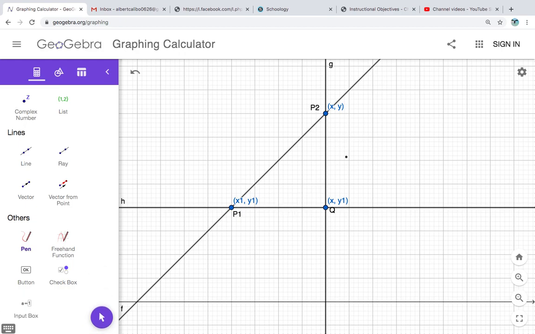So this will give us the change in y, and the change in x. The change in y will be y minus y sub 1, and this will be x minus x sub 1.